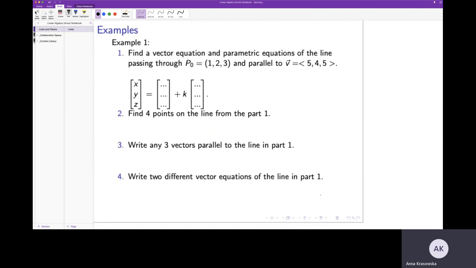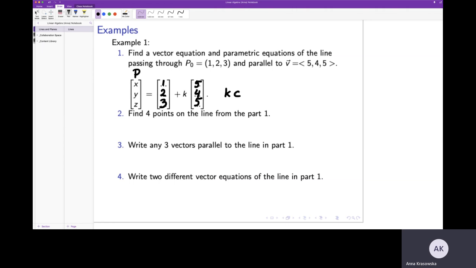In the first exercise, we have to find a vector equation and parametric equations of the line passing through the given point P naught, which is (1, 2, 3), and parallel to vector (5, 4, 5). So we have all the information we need. A line consists of all points P (x, y, z) such that (x, y, z) is equal to (1, 2, 3) plus k times (5, 4, 5).